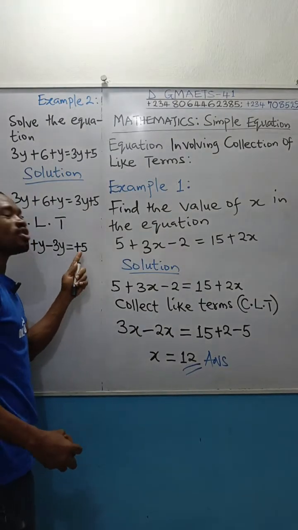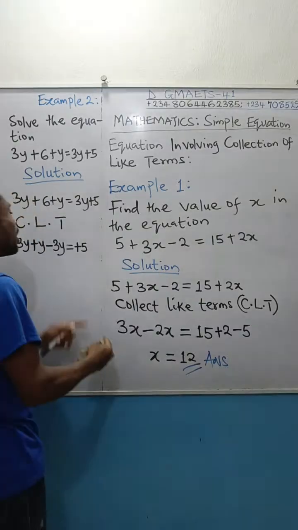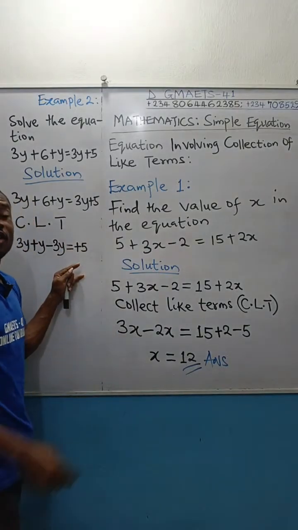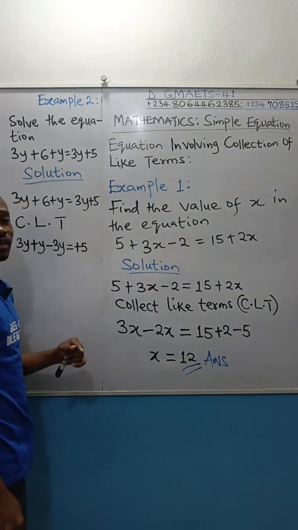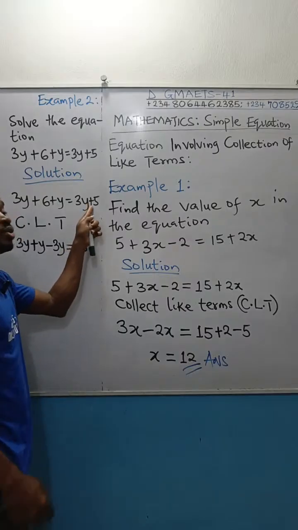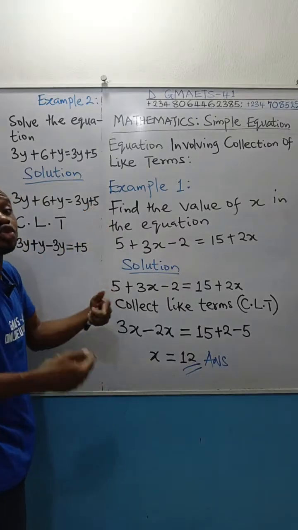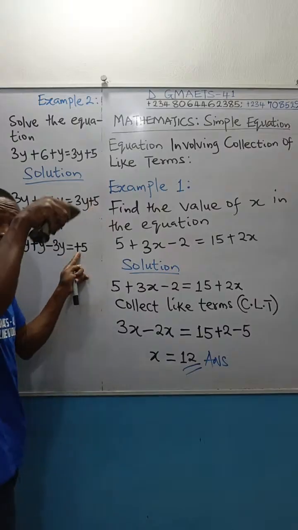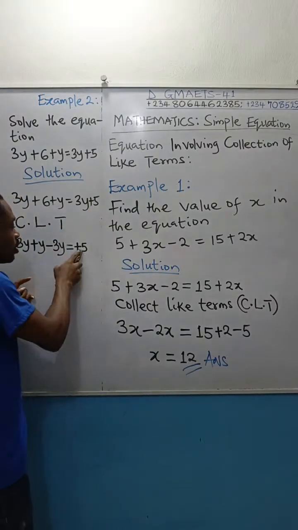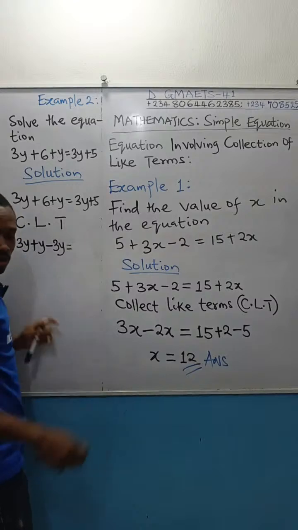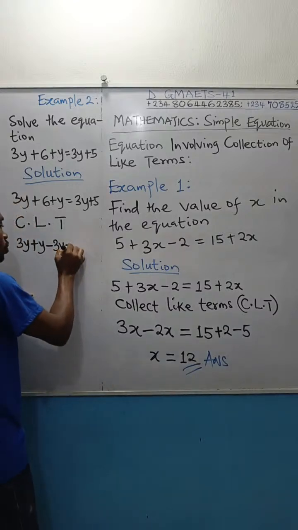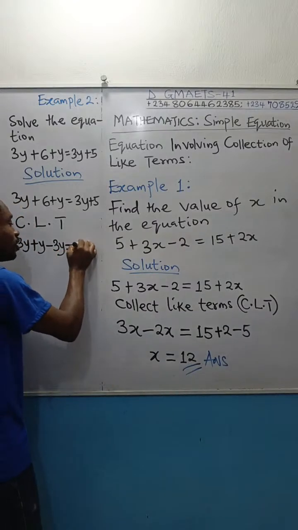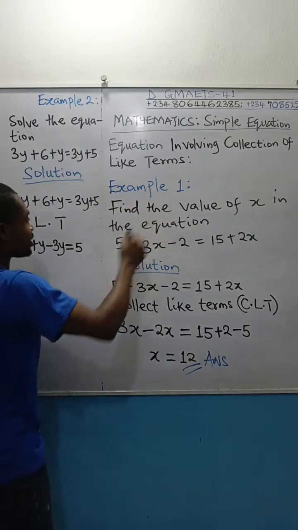Since it is the first number you are writing, and it is a positive number, no need of writing the plus. But if it were minus 5, you must write that minus, you must show it. So for now, I don't need to show that plus. So this is equal to 5, which is the pure number on the right hand side.